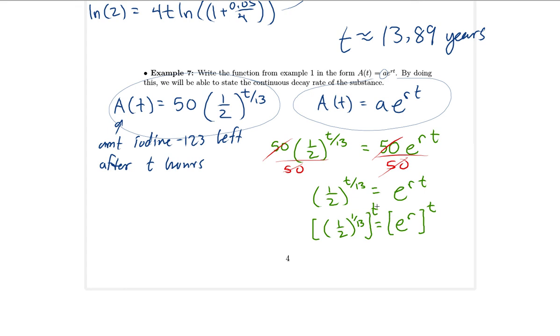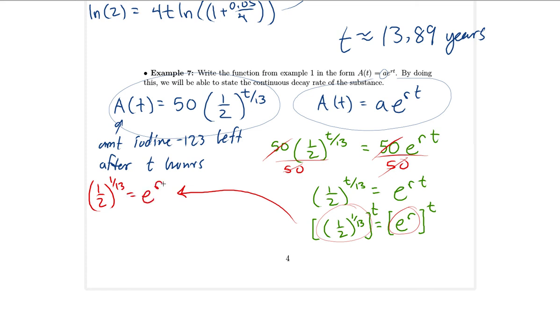So if I have something to the t equals a different thing to the t, it must be that these two bases are equal. So over here, I can say 1/2 to the 1/13 equals e to the r.